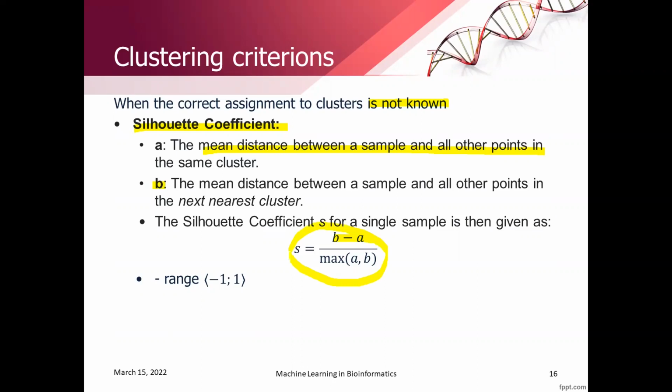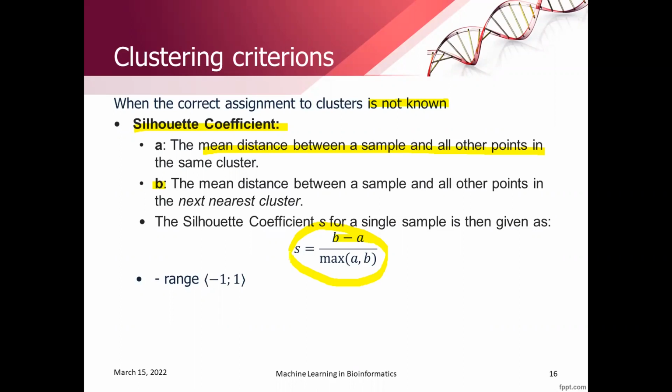What is better, higher value or lower value? Higher value. Higher value means that the next closest cluster is much farther than the observations in the same cluster. So this is better. And actually, this criterion strongly supports convex clusters.